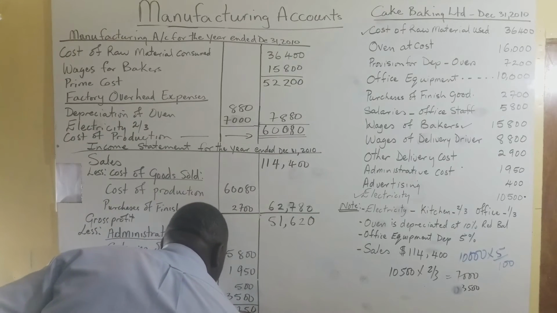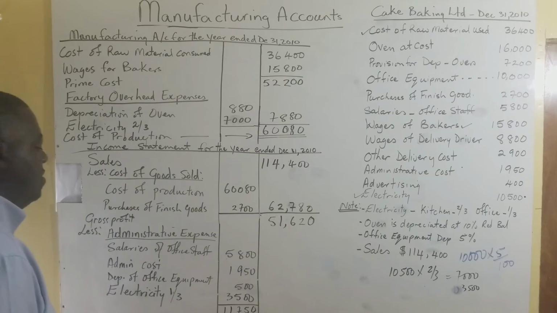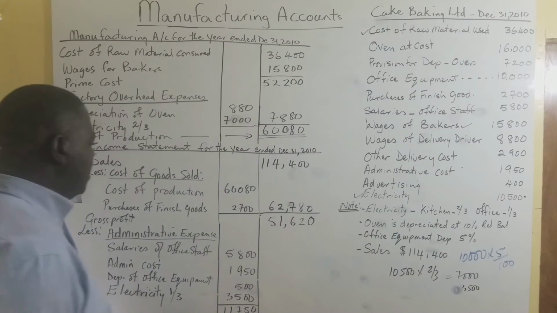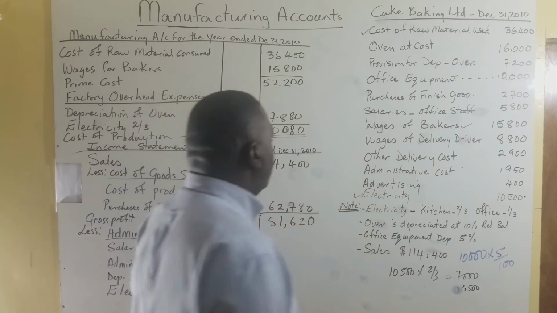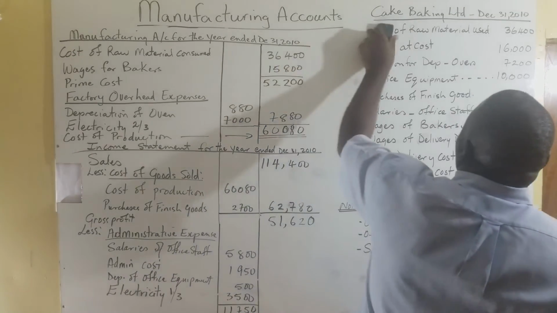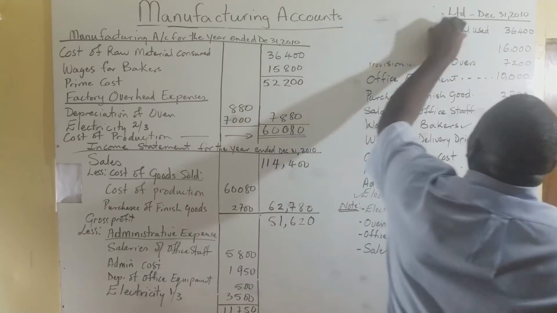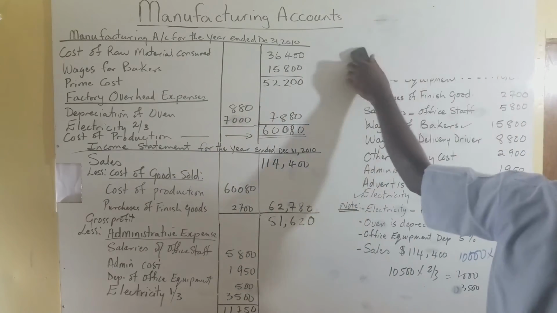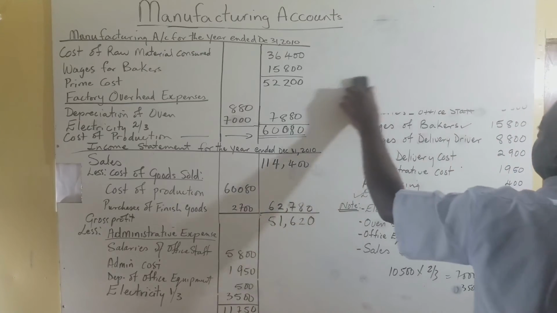So that would be the total 11,750, the total administrative cost. We're not yet through. We're going to be looking at now the other areas. So we're going to shift some of this information right here to complete our work.